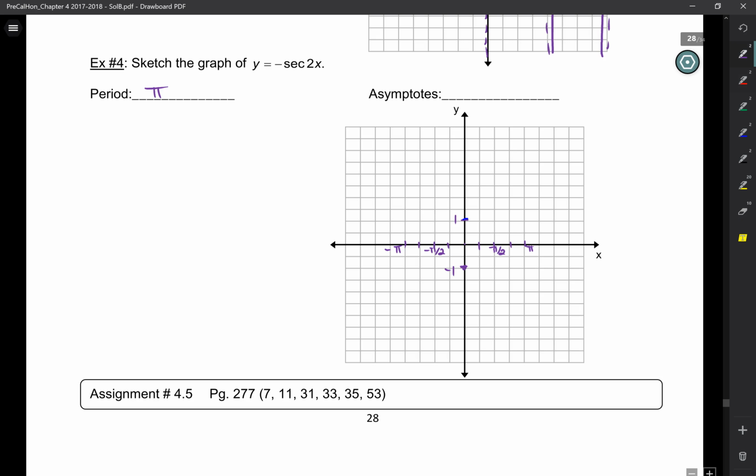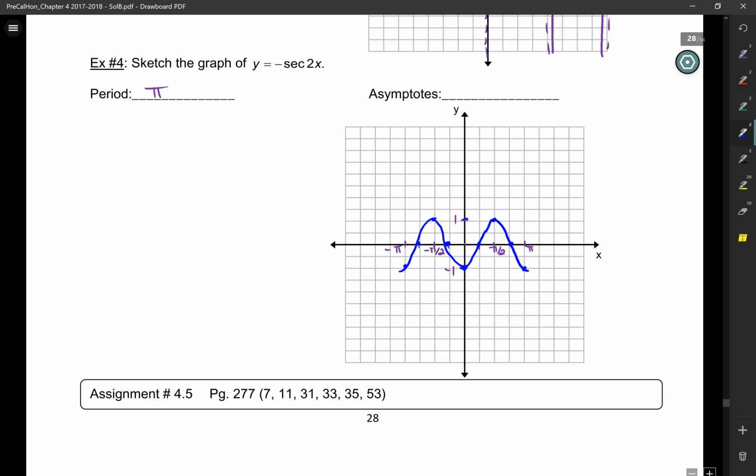Okay, so here. Okay, cosine. Now look. If you were just drawing cosine, this would be okay with me. Because we're doing secant, I'm just going to mirror this on the left side. Just continue. Do a mirror on the left side.